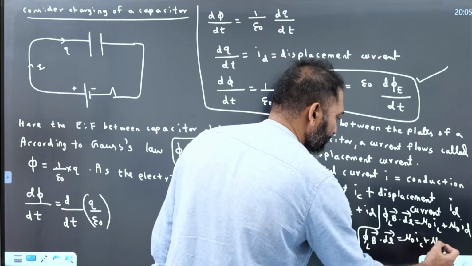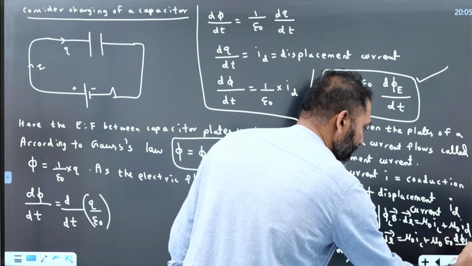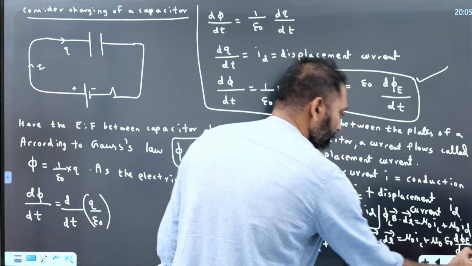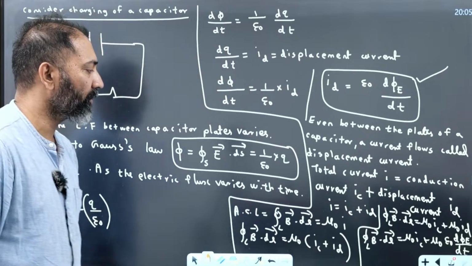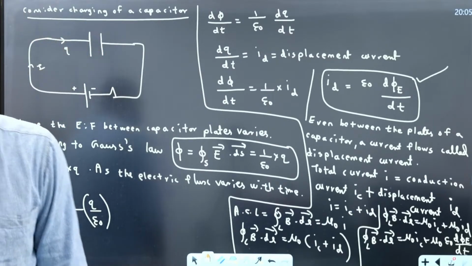Instead of I_D, I can write mu 0 epsilon 0 d phi by dt. Integral over L B vector dot dl vector is equal to mu 0 I_C plus mu 0 epsilon 0 d phi by dt.